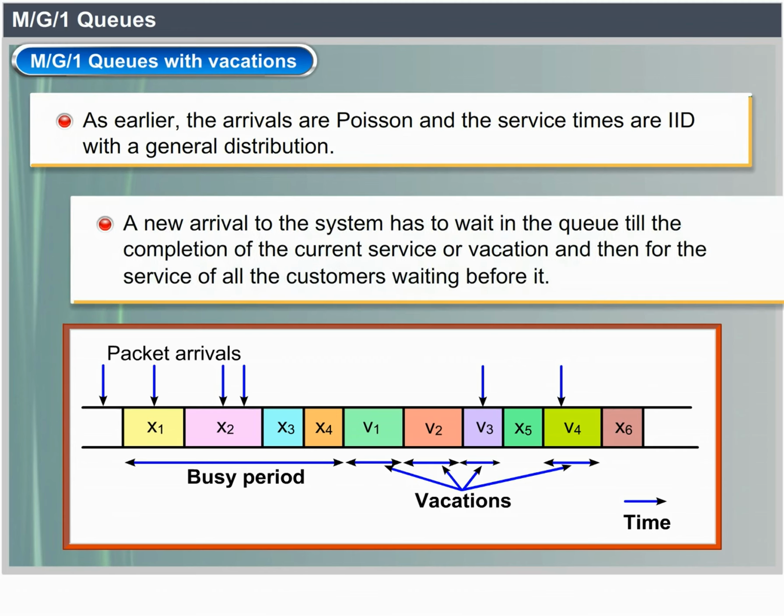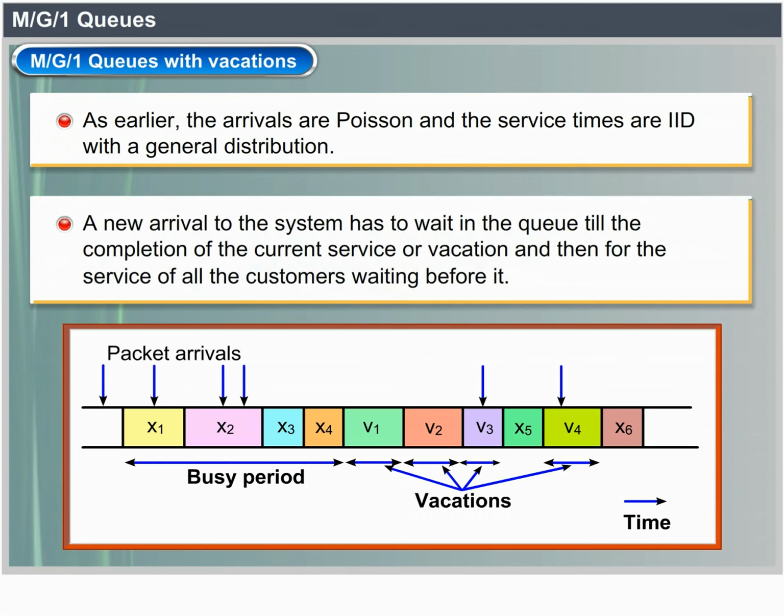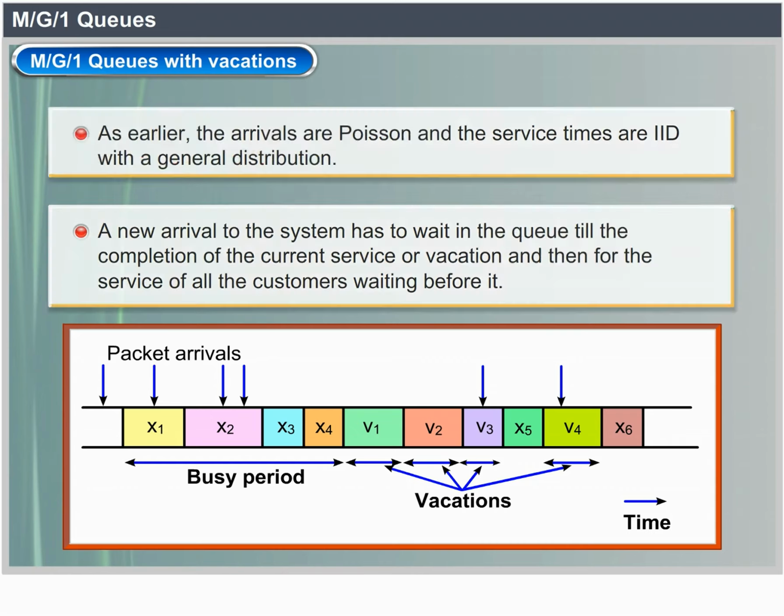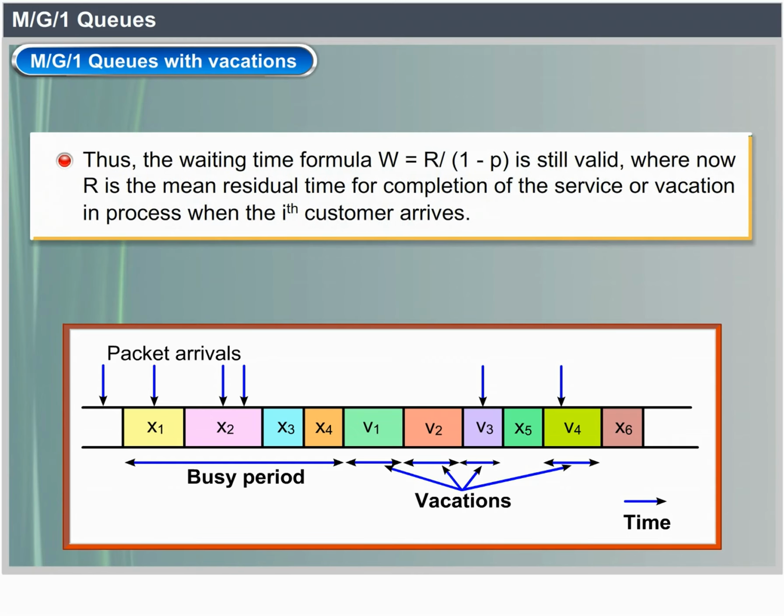A new arrival to the system has to wait in the queue for the completion of the current service or vacation and then for the service of all the customers waiting before it. Thus, the waiting time formula W is equal to R/(1 minus rho) is still valid, where now R is the mean residual time for completion of the service or vacation in process when the ith customer arrives.